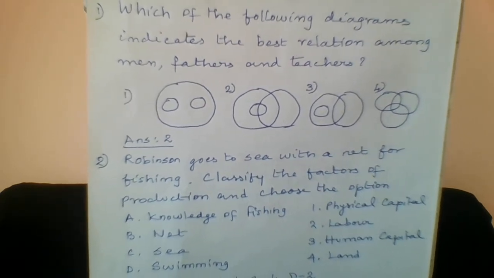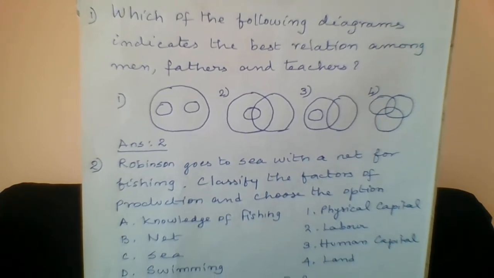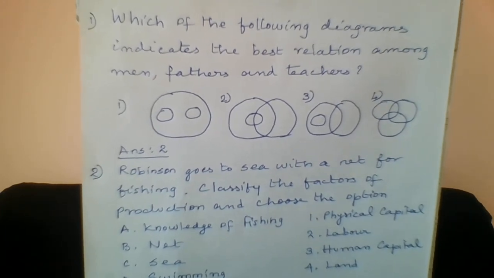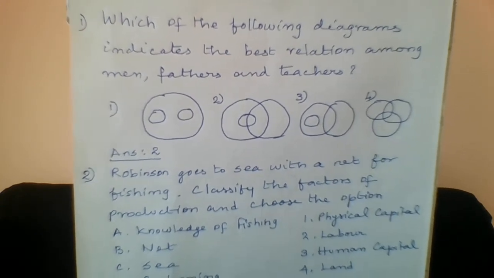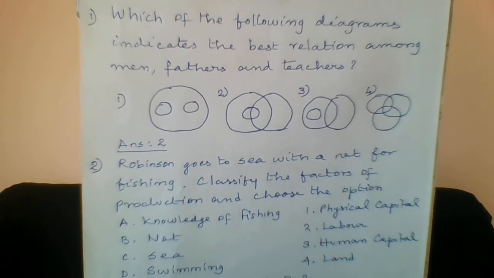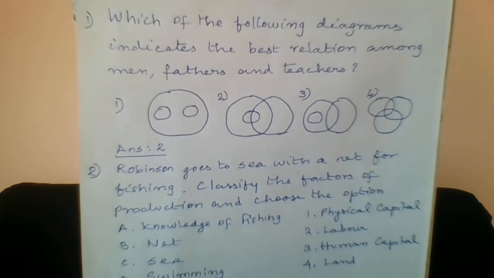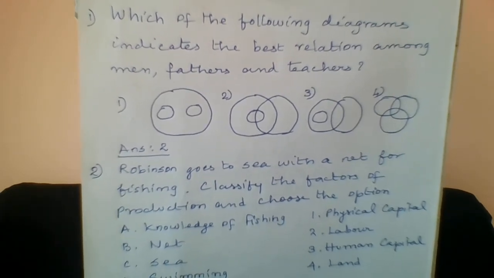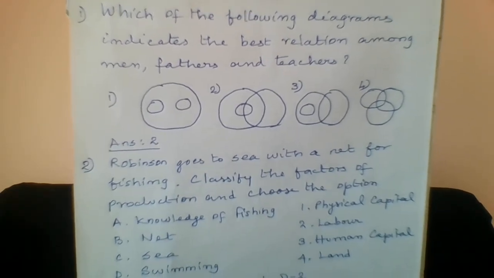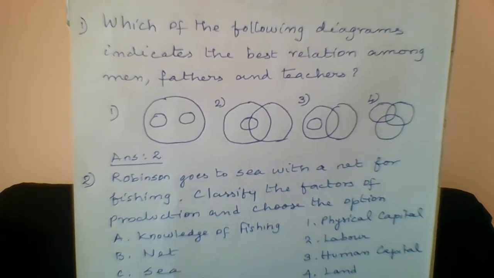The small circle represents the fathers, and the bigger circle represents men, and the third, bigger circle cuts the father circle as well as the men circle, that is teachers. So teachers can be fathers, teachers can be men, so that cuts across the other two circles. So diagram 2 represents the relationship between men, fathers and teachers.